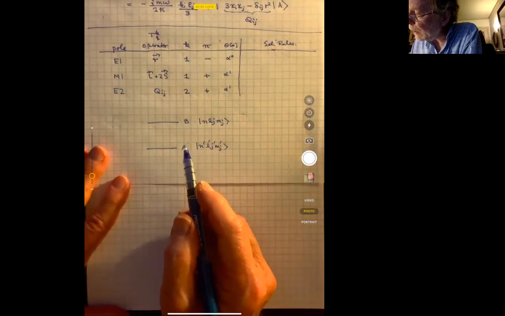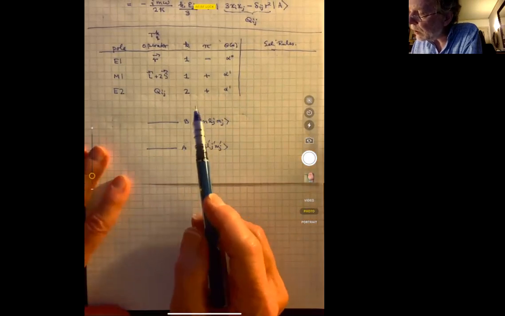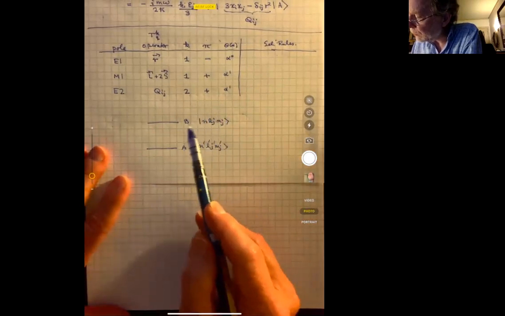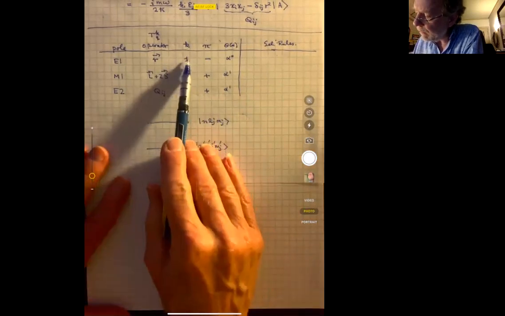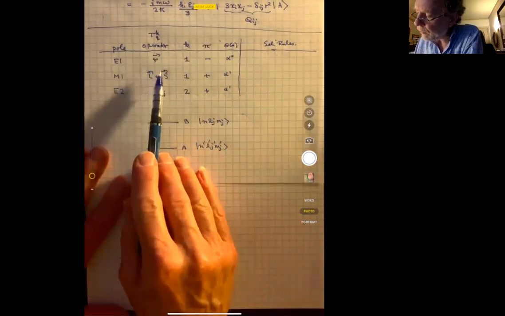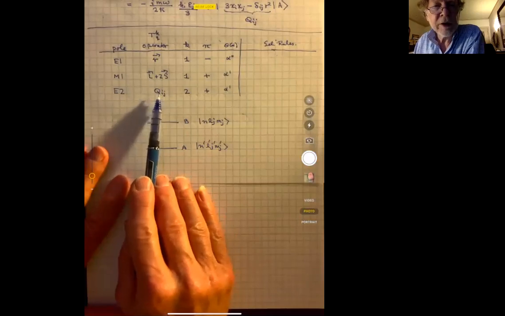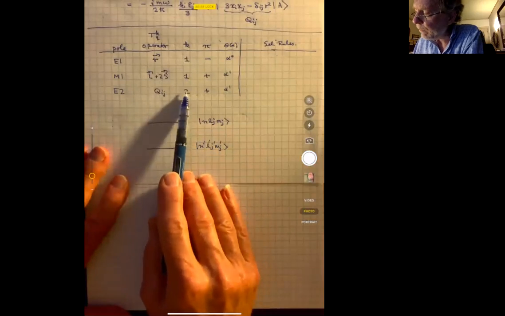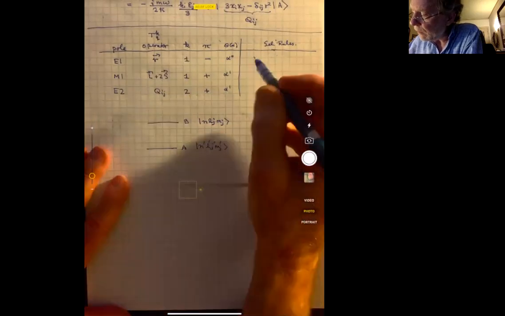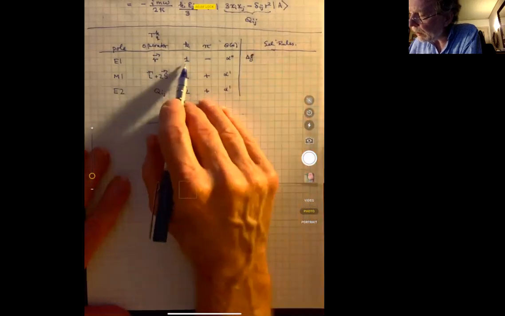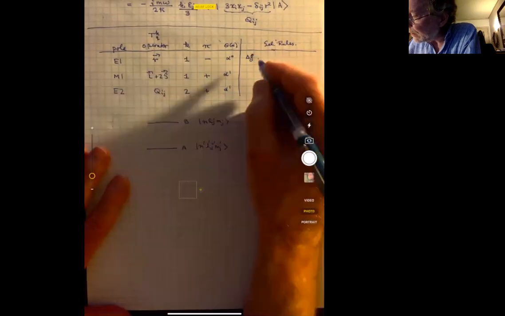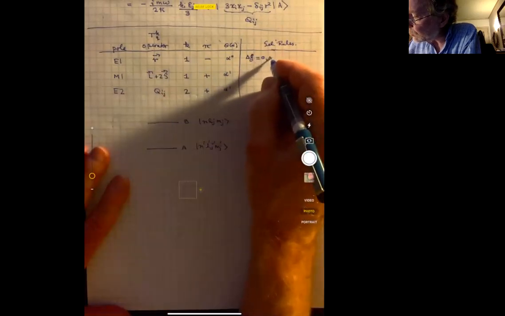Then the Wigner-Eckart theorem can be applied to the matrix elements between states B and A using the total angular momentum J. These K values here relate to how these operators transform under total rotations of the system, orbital plus spin. That's where these K numbers came from. So by the Wigner-Eckart theorem, we find, for example, that delta J, for this case where we've got a K equals 1 operator in the middle, has to be either equal to 0 or plus or minus 1.